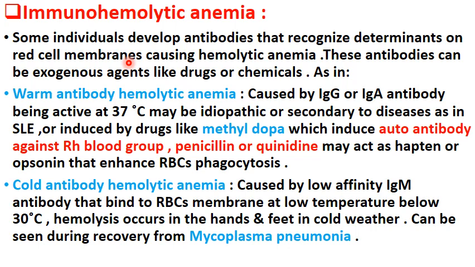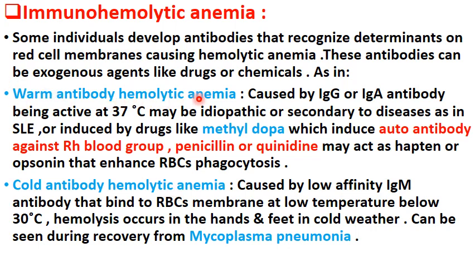Any type of drug might lead to hemolytic anemia in a susceptible patient, or it may be due to chemicals, certain infections, or certain autoimmune diseases. We have warm type hemolytic anemia and cold antibody hemolytic anemia. We will get through these two soon.